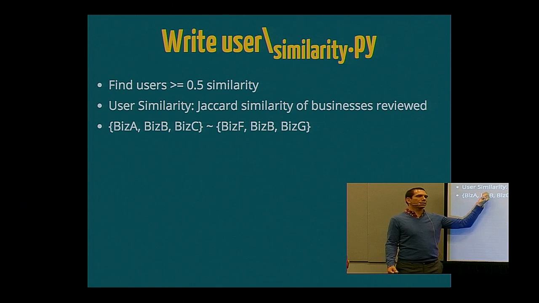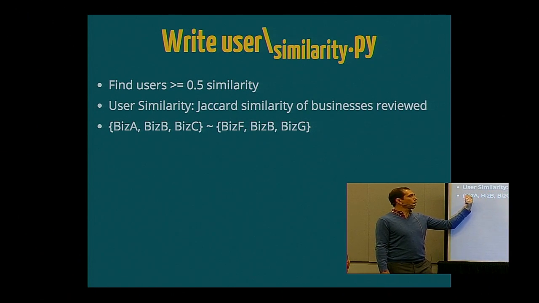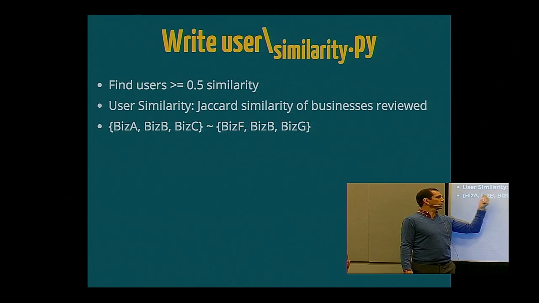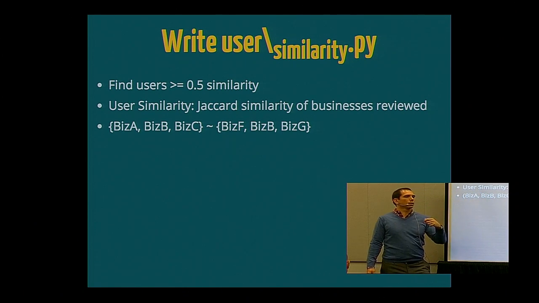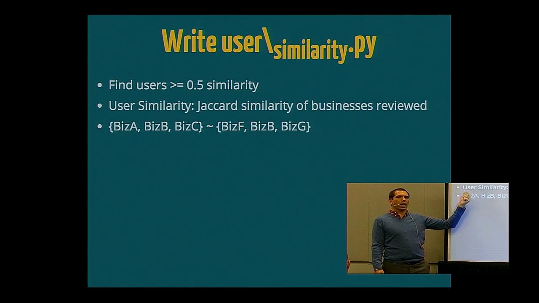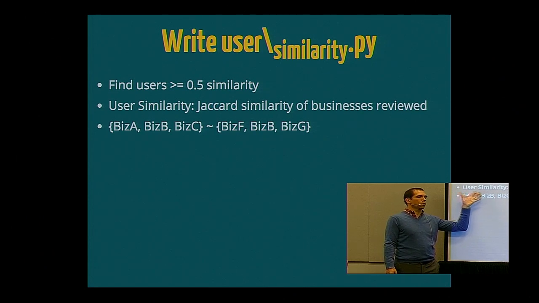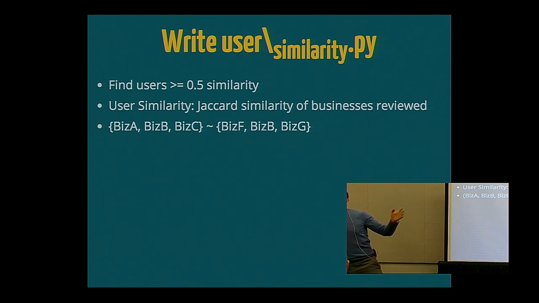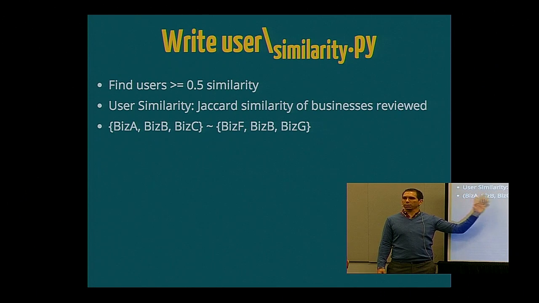So if we pass this concept of a user, which is user ID and list of businesses, and we group them by all of the businesses they've reviewed, or more accurately, any, then our mapper, given this user description, is going to output key value pairs where the key is a business and the value is the whole user description. Then in our reducer, we'll have this list of user descriptions, and we'll be able to compute that Jaccard similarity.